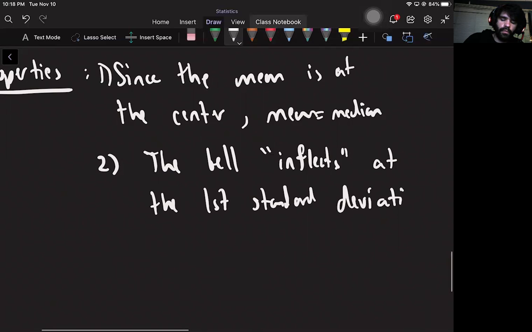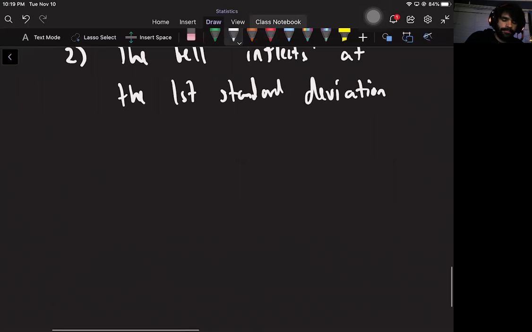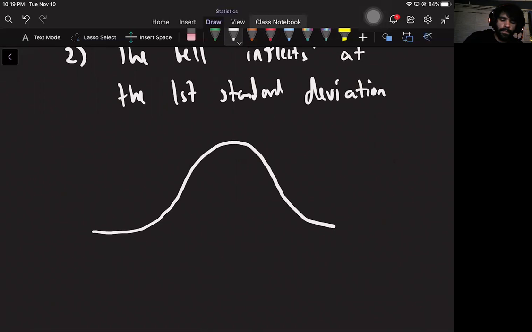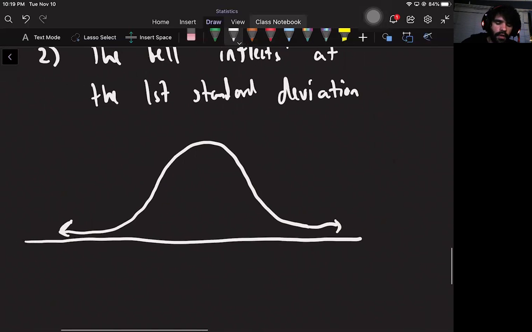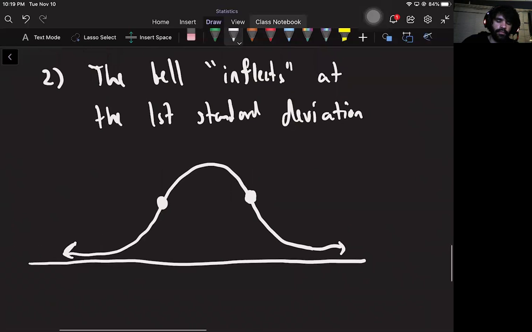So right now it sounds a bit fancier, but what this means is, if I draw this curve, the trick also to drawing this is first you draw the curve, then you draw the line underneath it. That'll help you. But in any case, the idea is that at this spot here and at this spot here, the graph inflects. So these are called inflection points.